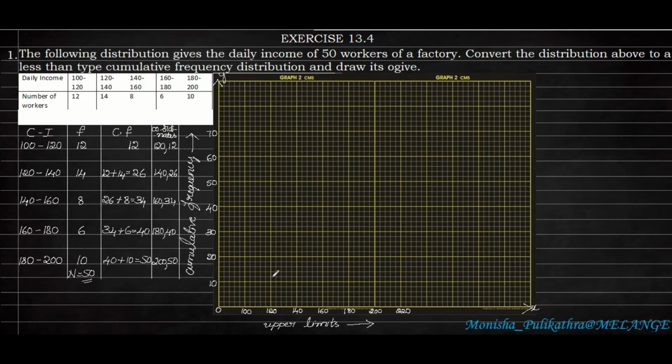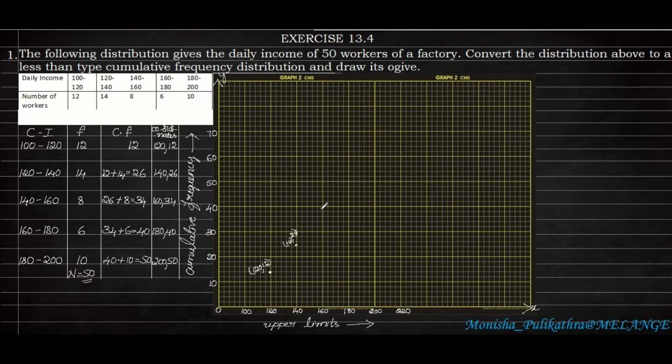The first reading is 120 comma 12. So for 120 we have to mark 12 here. The second one is 140 comma 26. For 140 we have to mark 26. So it will be in the middle of this. So 140 comma 26. The next one is 160 comma 34.